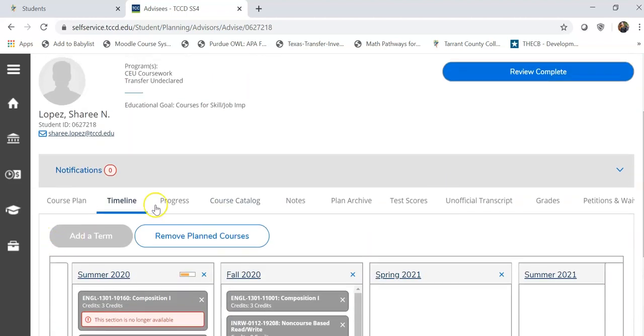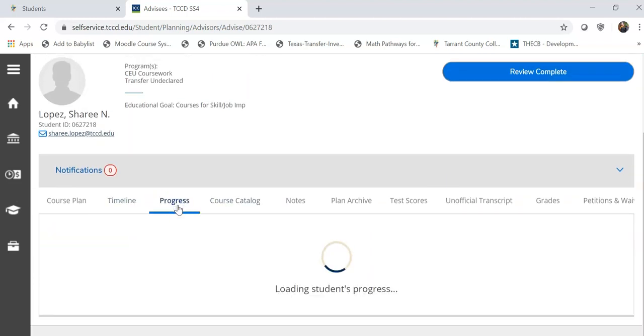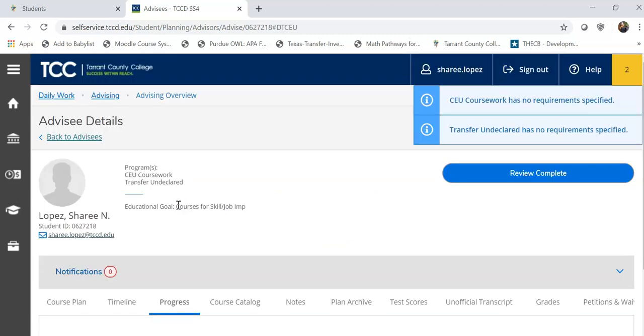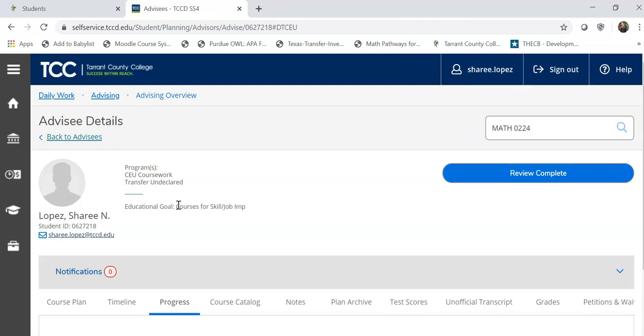Now if you were to go over to your progress, then what would move the needle toward completing your degree program, like on your degree plan or on your certificate program, is those college level courses. That would be a course that actually starts with a 1 or starts with a 2. Anything with a leading 0 is a pre-college level course.